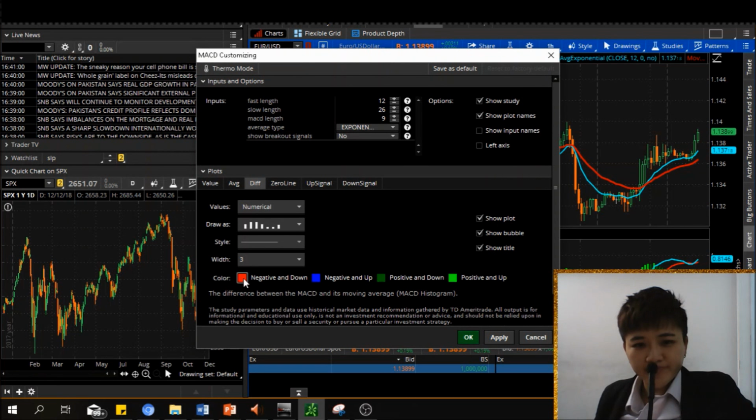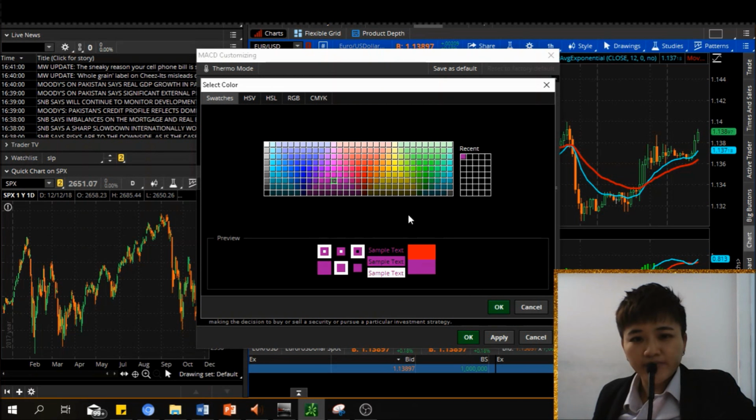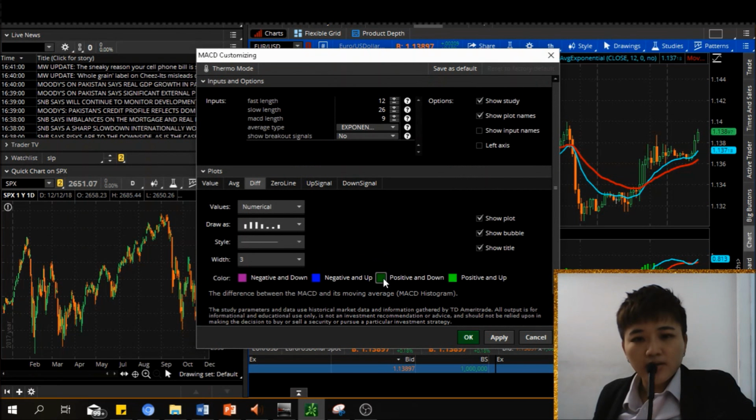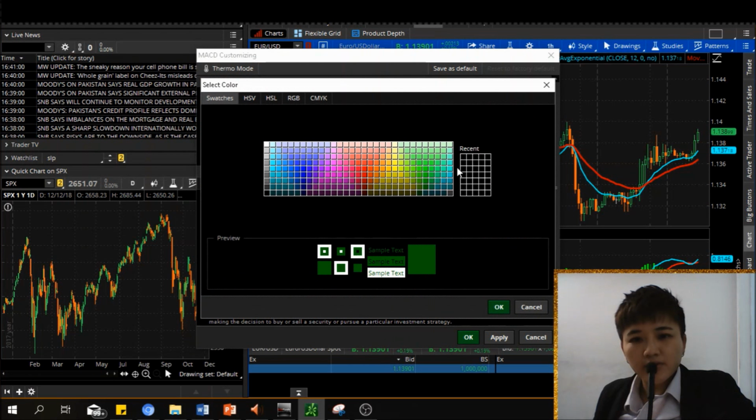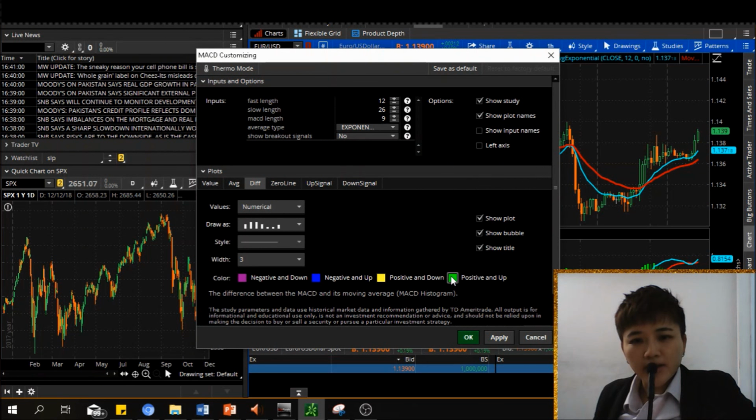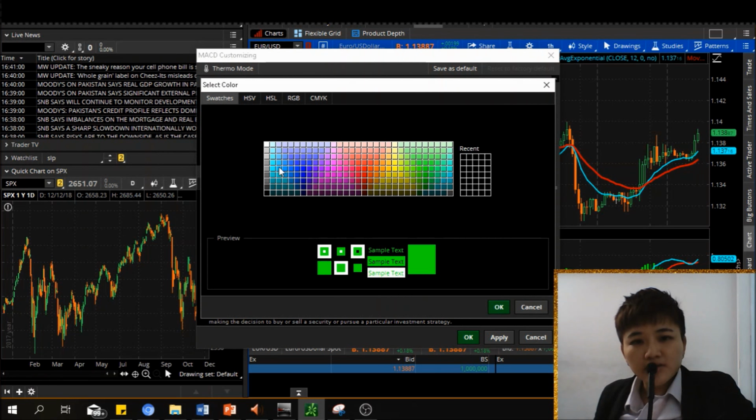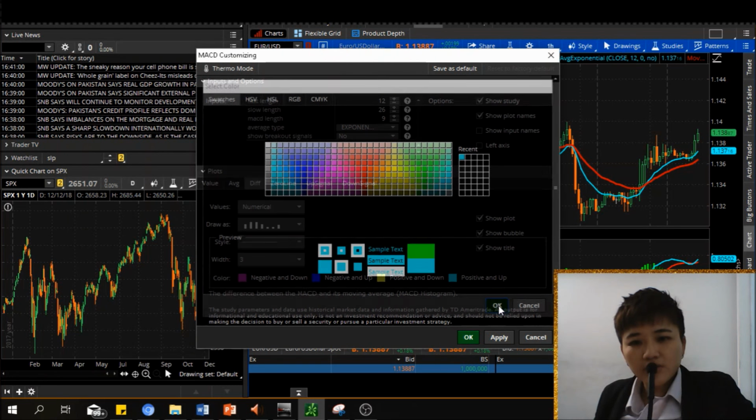Blue. Negative down, let me just take it as purple. Positive and down, let me just use, what colors do you guys like? How about yellow? And positive up, let's just use light blue.